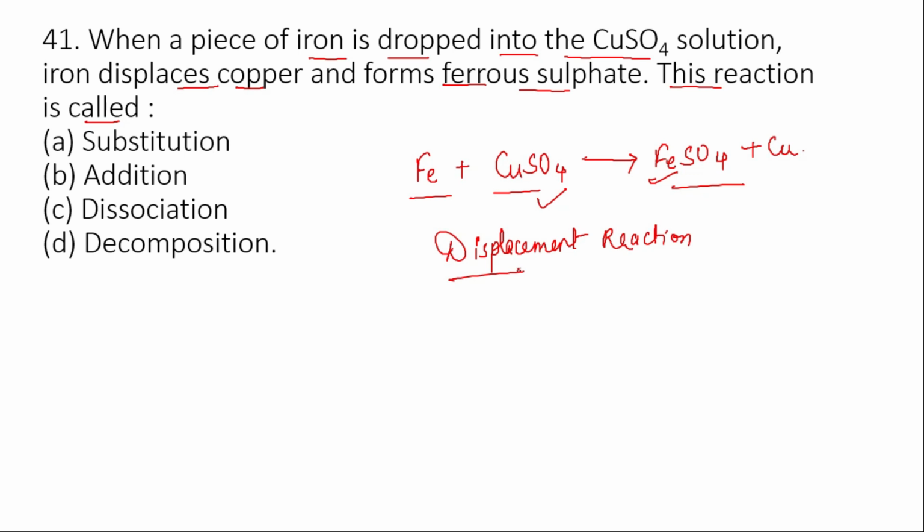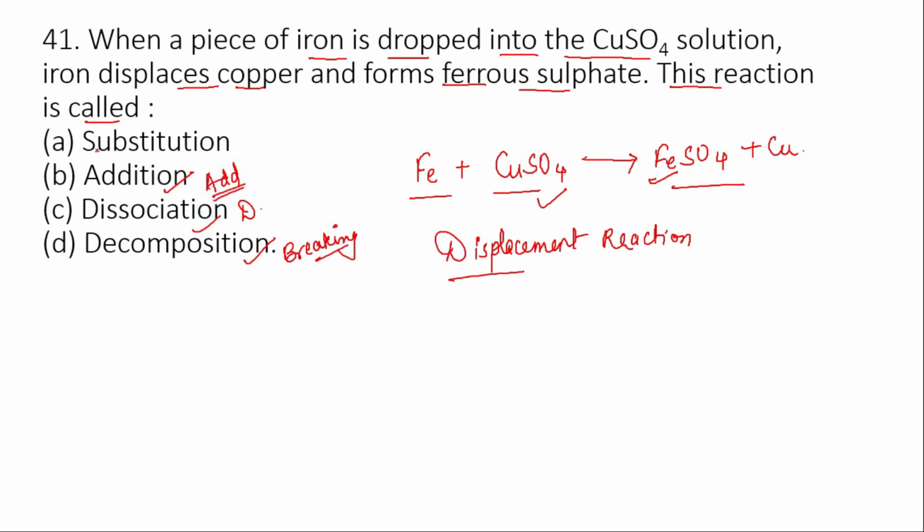If you check the meanings of all the options, you will come to know what exactly a displacement reaction can also be termed as. Decomposition is nothing but the breaking down of a compound. Dissociation is when something gets dissolved or dissociated. Addition means something is getting added.